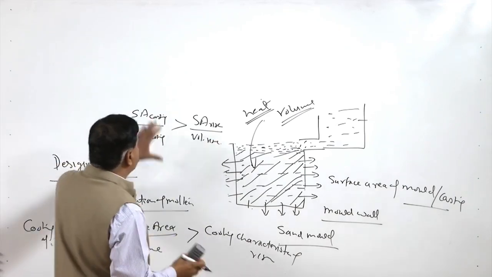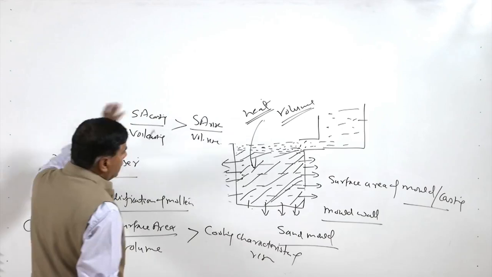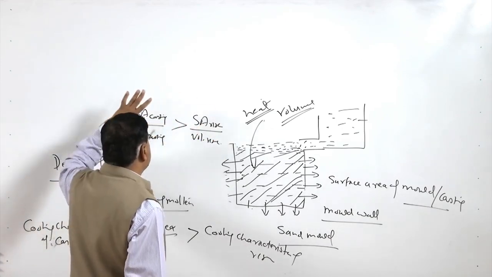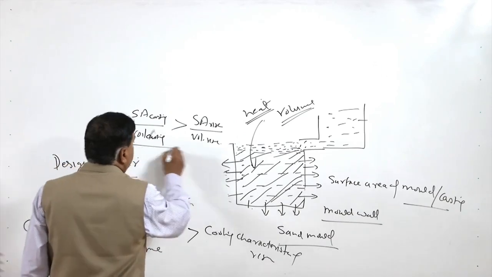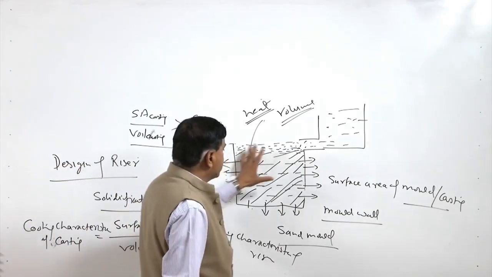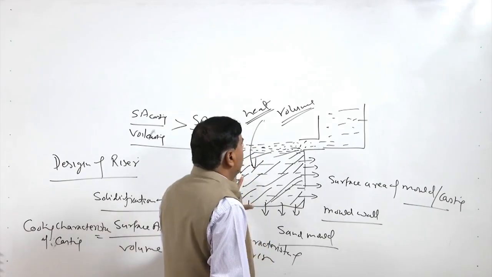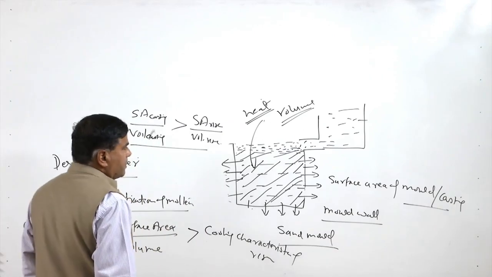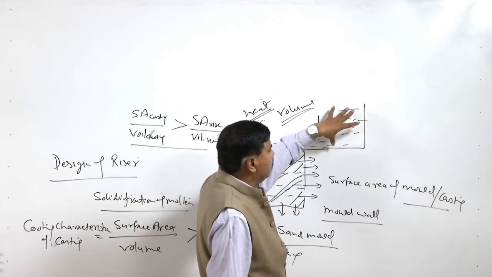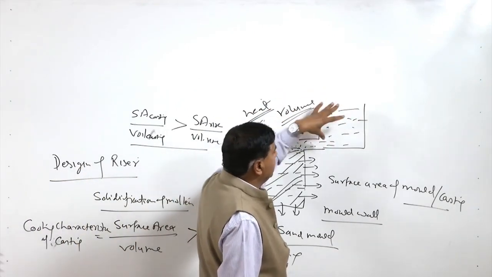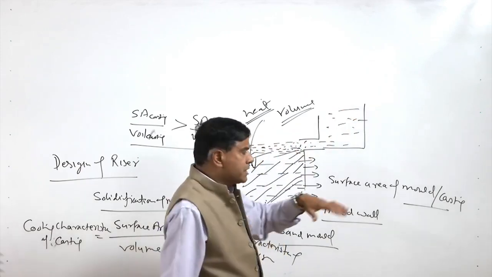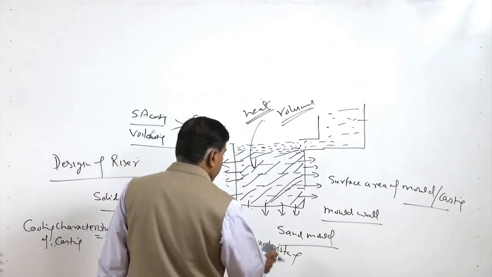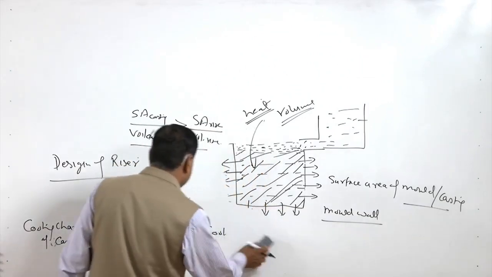If the riser is prepared in such a way that this ratio is obtained, then this ensures that the casting will solidify earlier than the riser. Means the metal in the riser will remain in the liquid state for a longer period as compared to the casting.